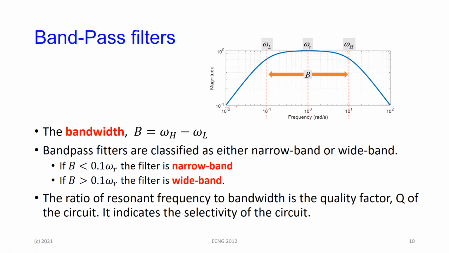And those typically would give you a response looking like this. And then if the bandwidth or the pass band is bigger than 0.1 or 1/10 of the resonant frequency, we call it a wideband filter. And the wideband would be typically like the blue trace upstairs.